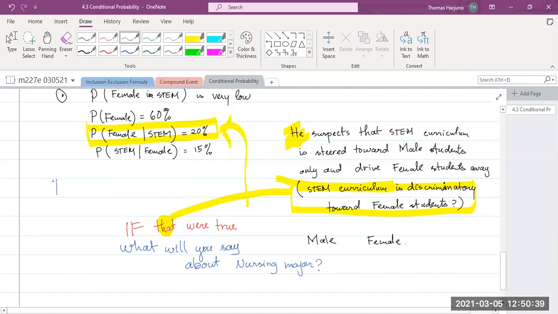The participation of male in nursing major is less than 10%.